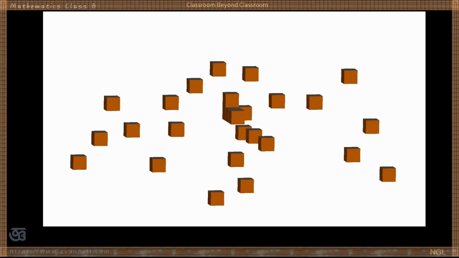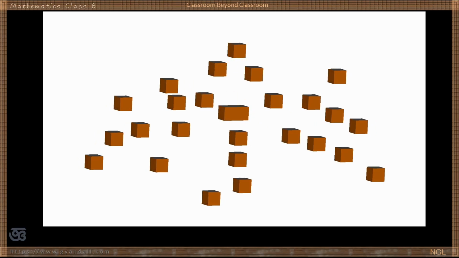So volume is measured by the number of unit cubes required to make the solid. You can consider any cube, say this is the cube, and if the length L is equal to 1 and breadth is also equal to 1 and height is also 1, then the volume of this cube is equal to 1 multiplied by 1 multiplied by 1 is equal to 1 cubic unit.